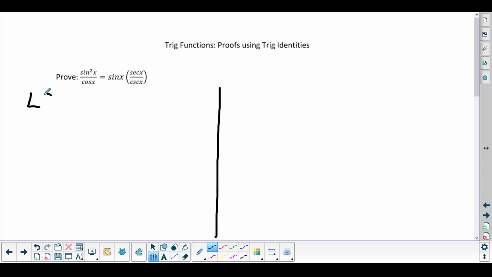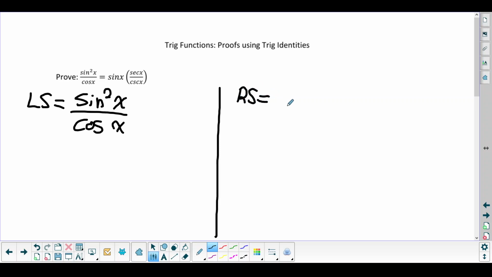So our left side equals sine squared x over cos squared x. And my right side is sine x times secant x over cosecant x. Okay.